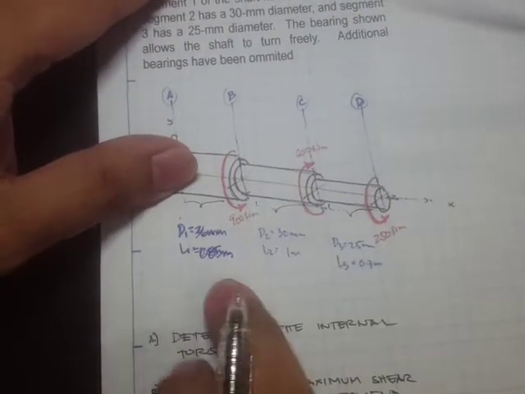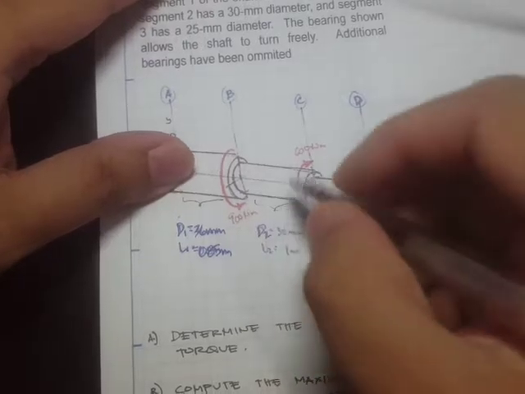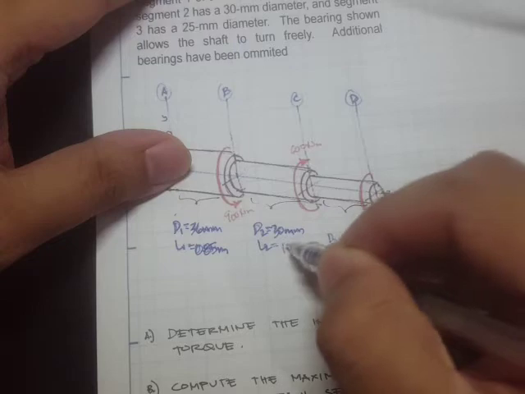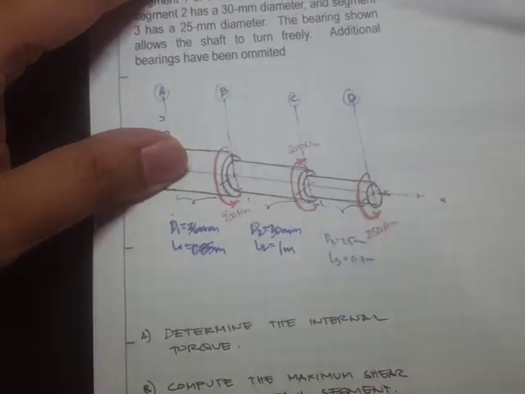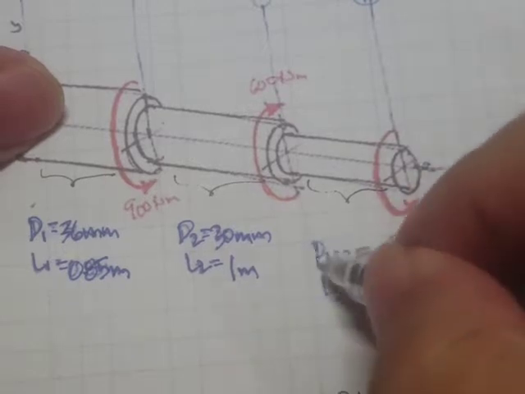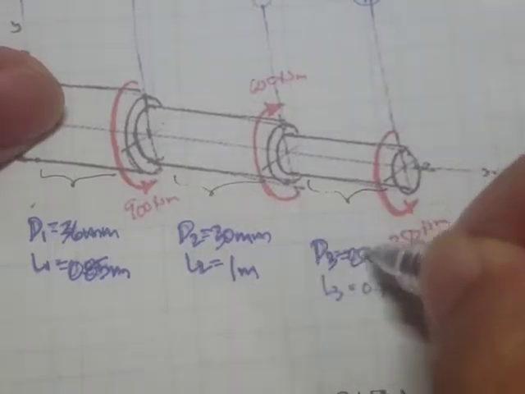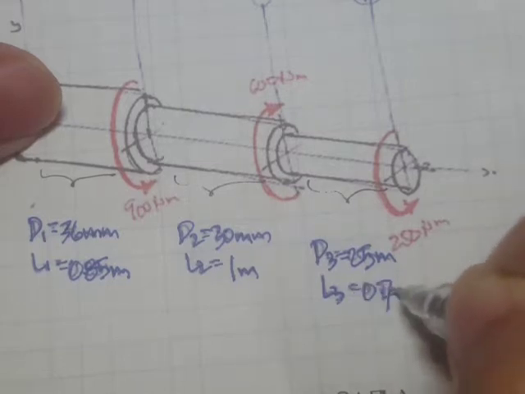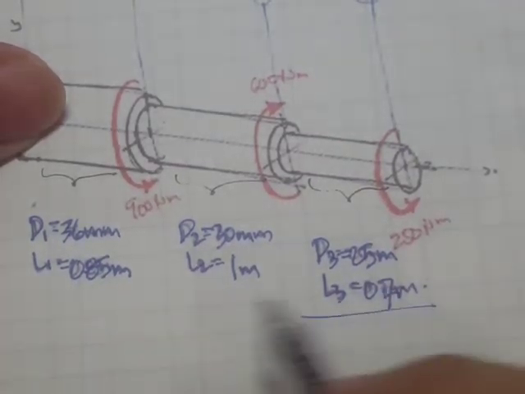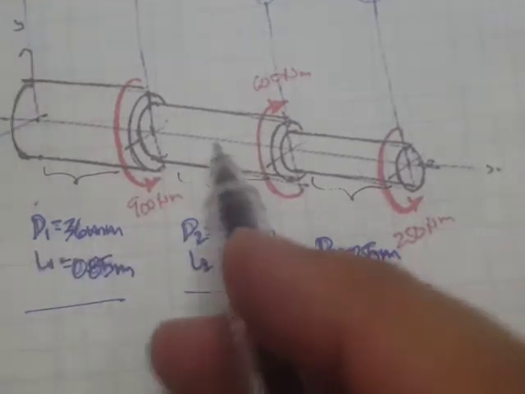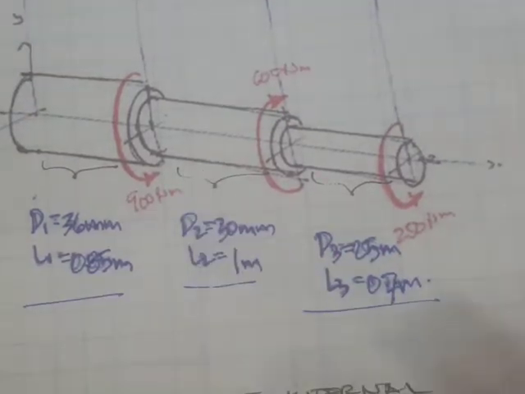For segment number 2, we have 30 mm and a length of 1 meter. And for segment number 3, we have a diameter of 25 mm and a length of 0.7 meters. So we can see that there's a difference in diameter and in the length as well.